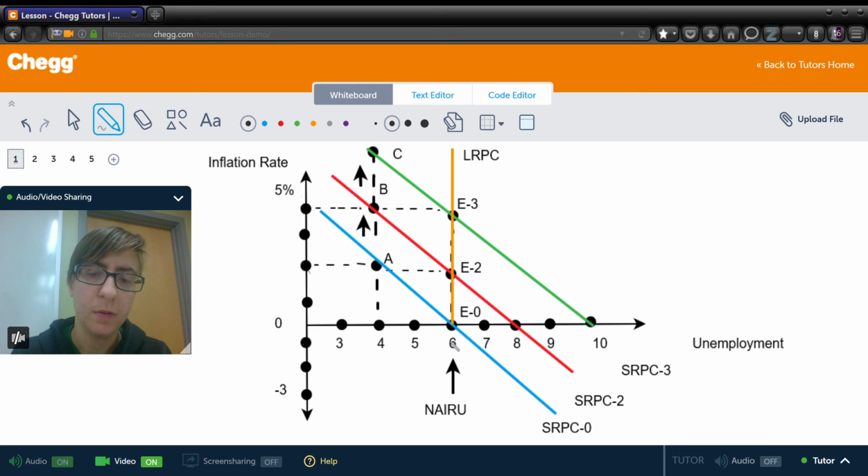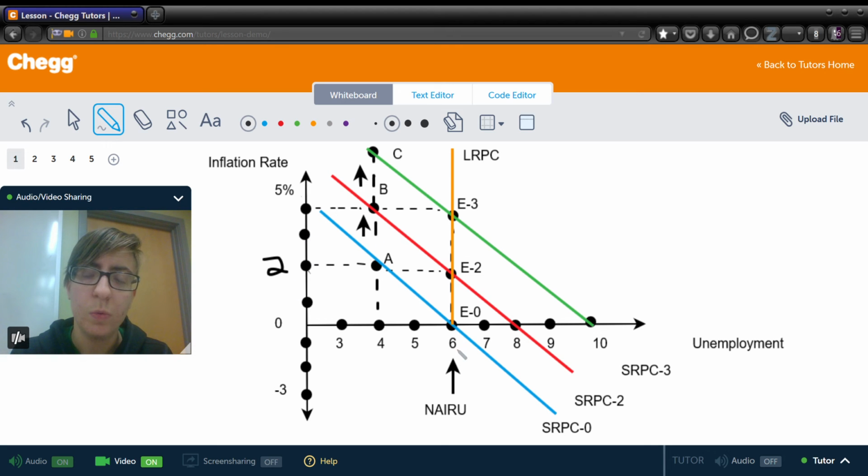We went from 6% with a 0% inflation to a 6% with a 1% inflation, or 2% inflation rather. So this is our 2.